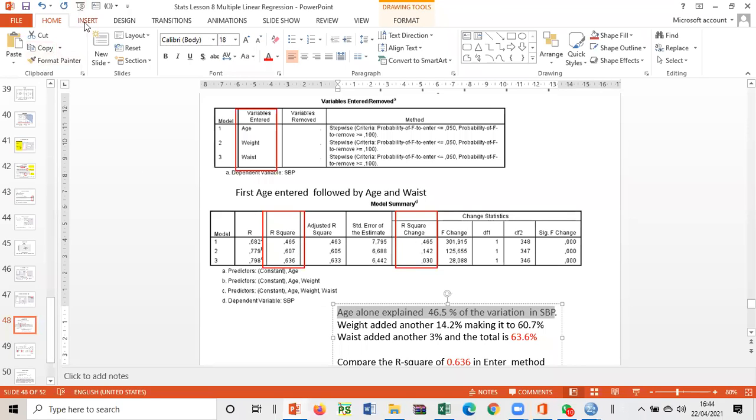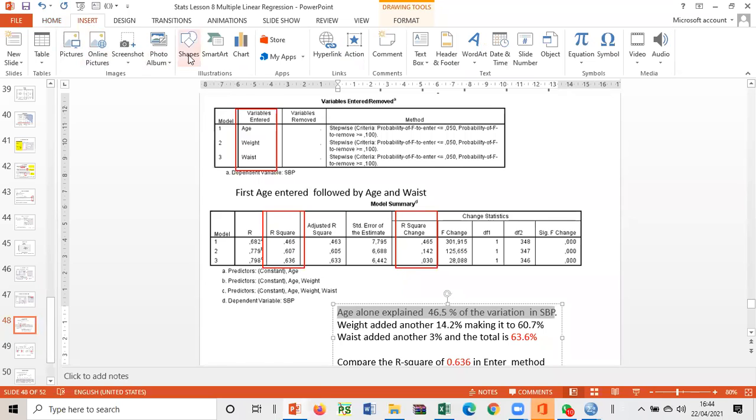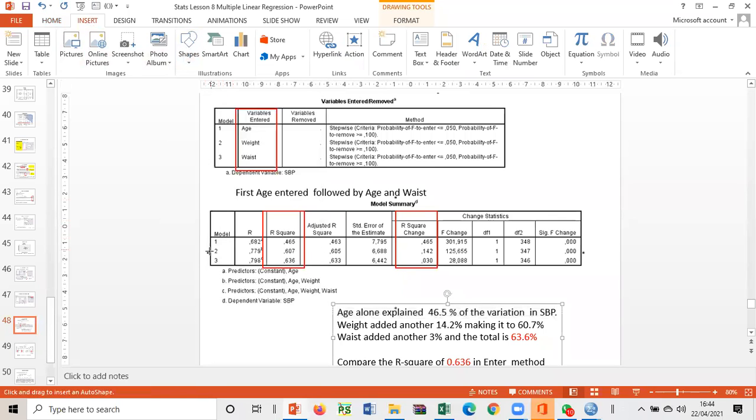Now, over and above age, which variable comes in next? What's Model 2? Weight. Weight joins in. If weight comes in, what's the R square now?